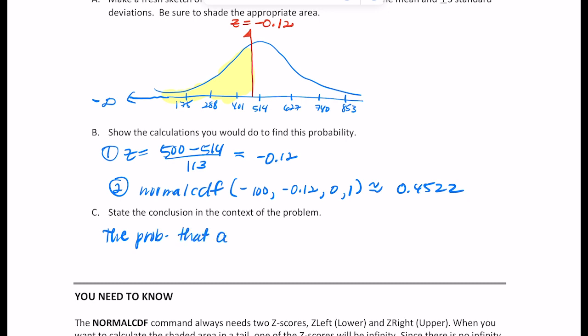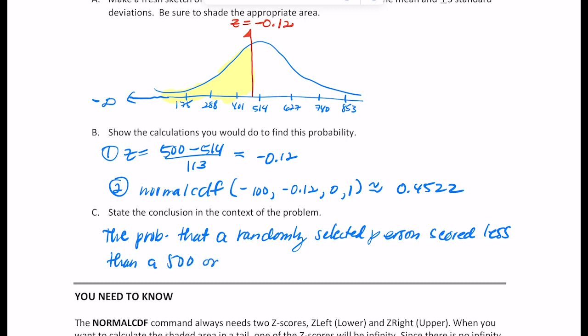that a randomly selected person scored less than a 500 on the SAT is 0.4522.